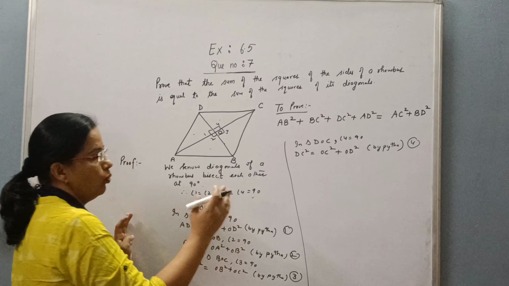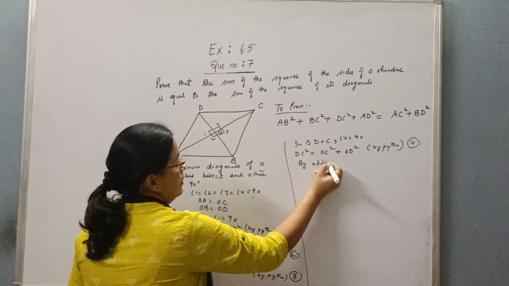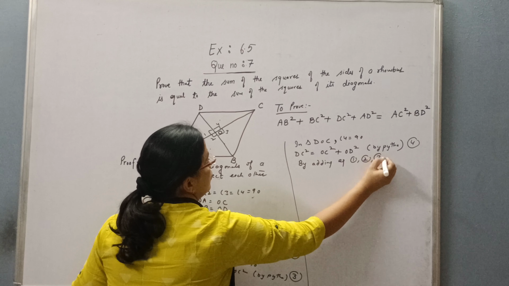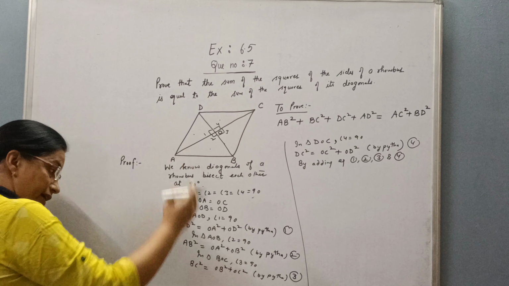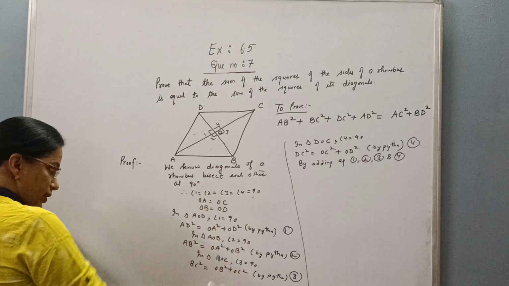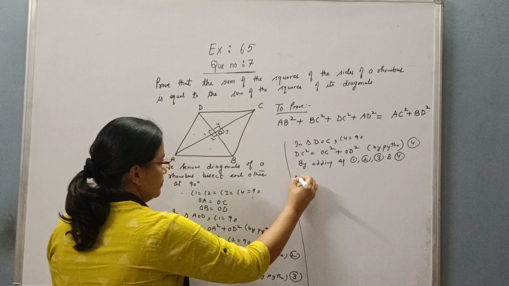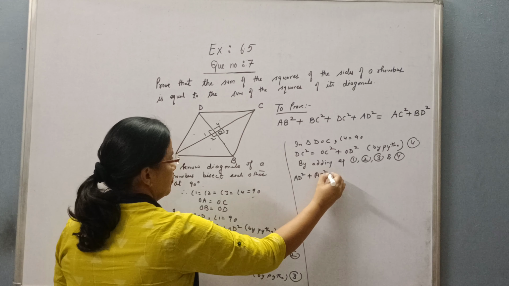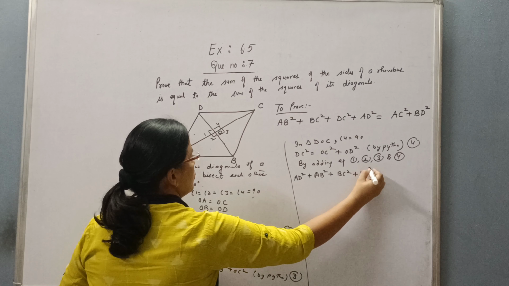Simply add equations 1, 2, 3 and 4. We will add left hand side with left hand side and right hand side with right hand side. So on the left hand side we have AD square plus AB square plus BC square plus DC square.